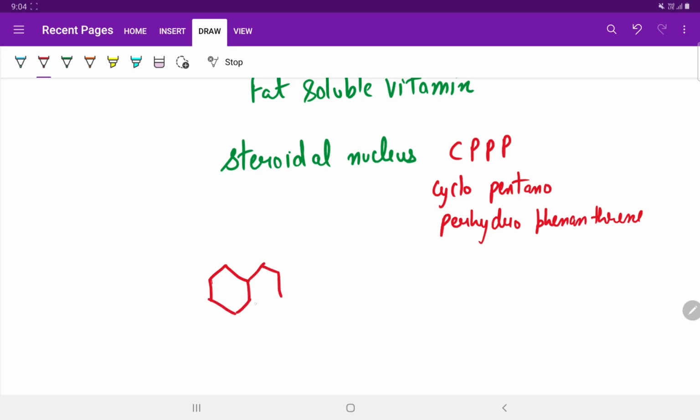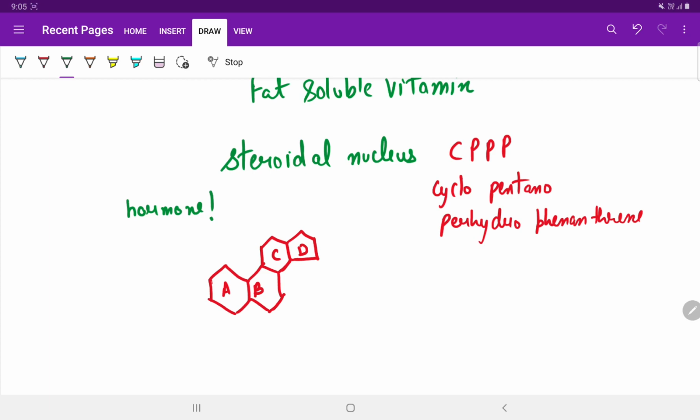You all must be remembering the structure of C-triple-P. It basically includes this ring having 3 6-membered rings and 1 5-membered ring structure, and it also functions like a hormone, which we shall be learning in detail.